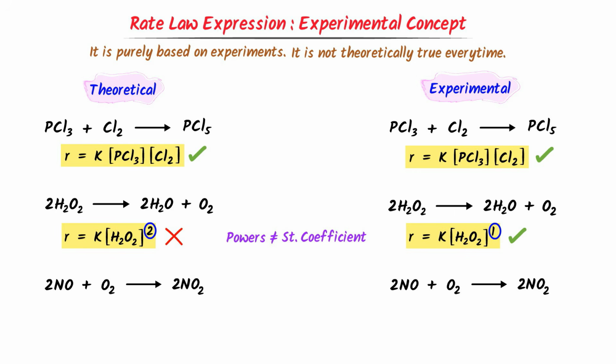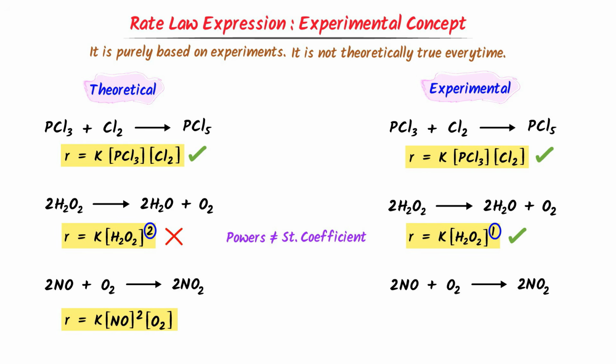Similarly, in this case, theoretically, we write r equals k times the concentration of NO, the power is 2, and the concentration of O2, the power is 1.